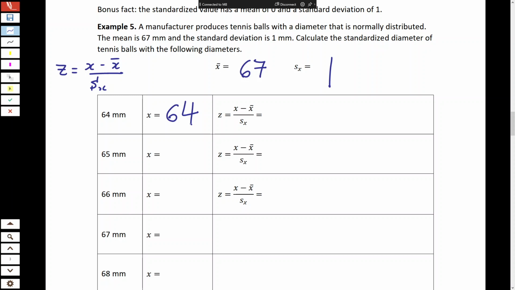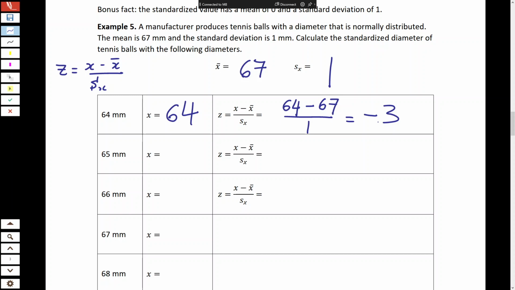So let's chuck the number 64 into this formula. Z equals x minus x bar divided by sx. What do I get if I evaluate that fraction? You don't need a calculator for this. Minus 3. -3. Okay.